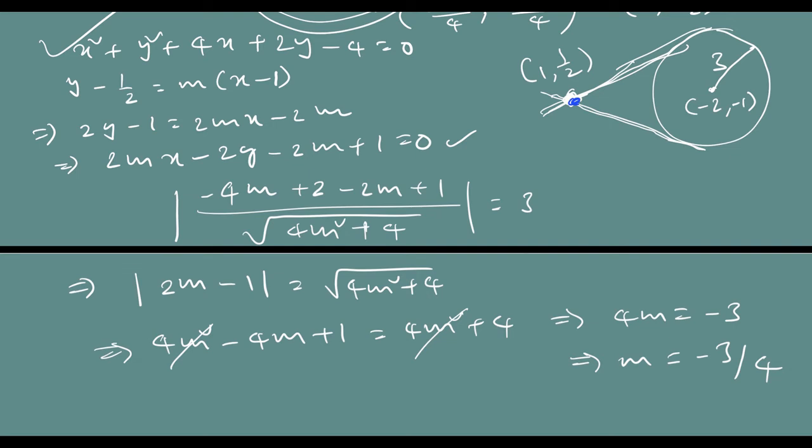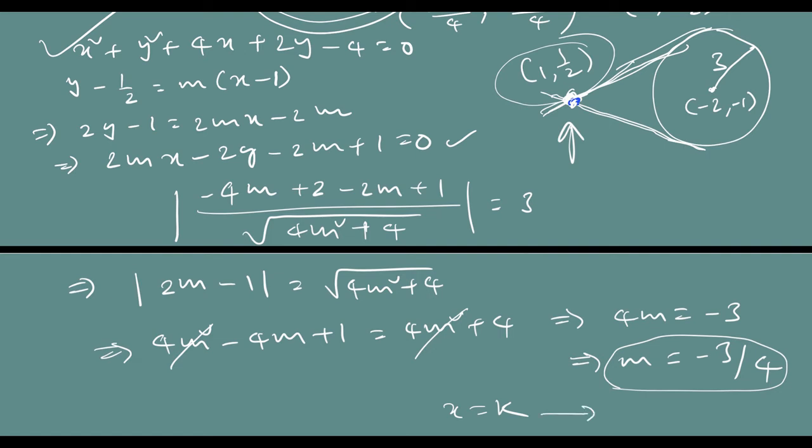But we know that if the point lies outside, then from that point we can draw two tangents to the circle. Okay, but I am getting only one slope. That means the other line has no slope. That means the other line is parallel to y-axis. It means it is of the form x is equal to k. So one tangent is of the form x equal to k and it passes through 1 comma 1 by 2.